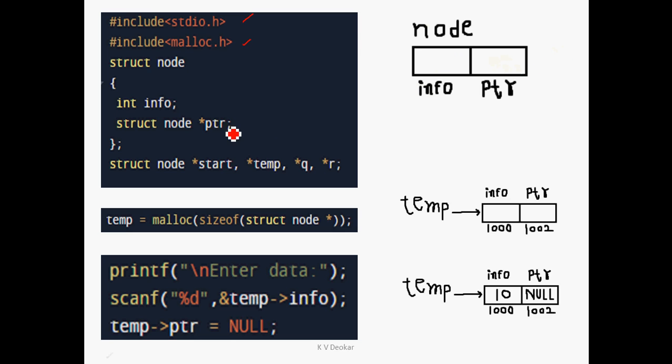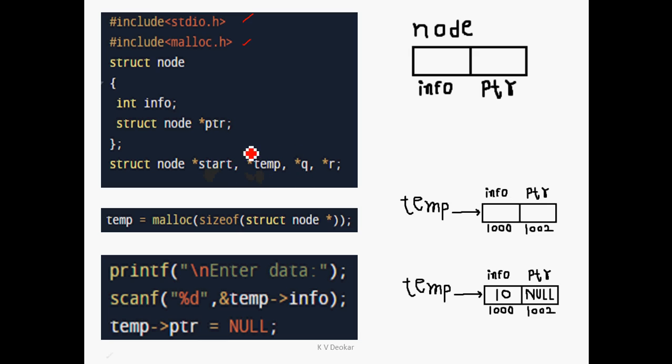Here we have declared struct node pointer start, then pointers temp, q, and r. These pointers are helpful to create a single linked list. Start is a pointer which denotes the very first node of the list.